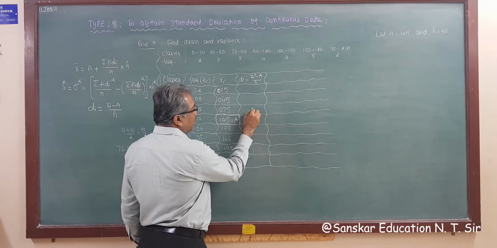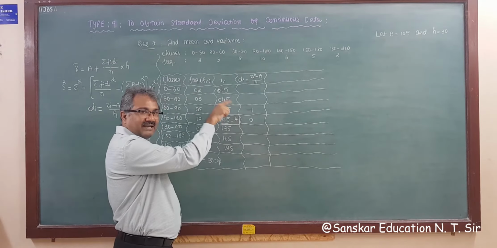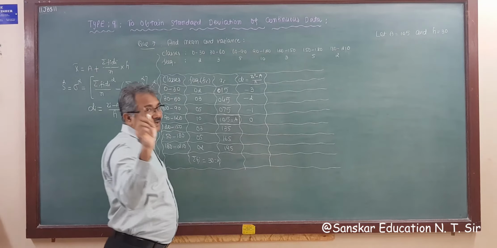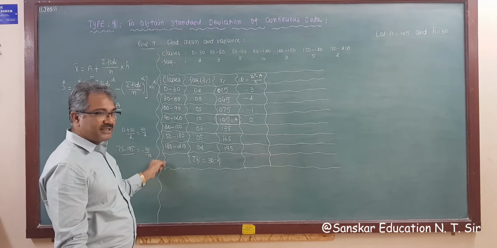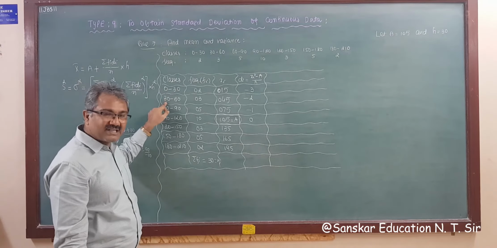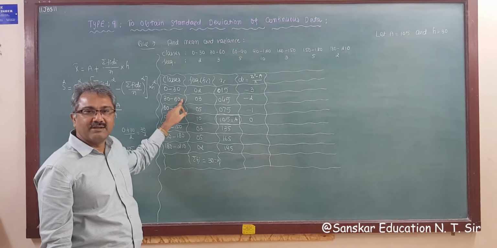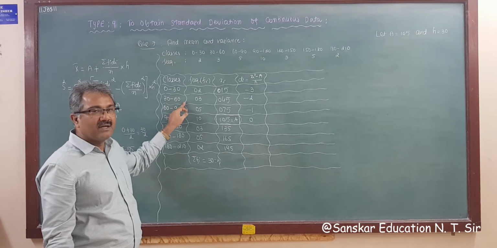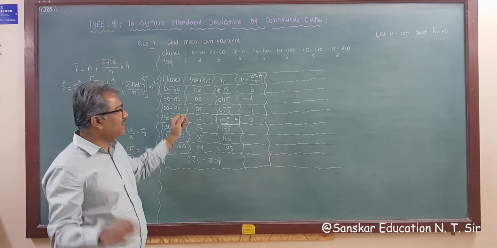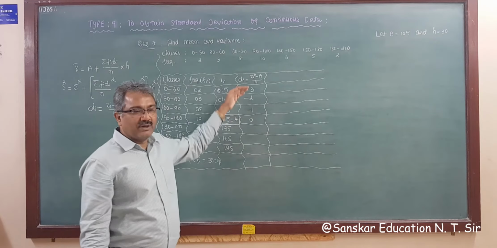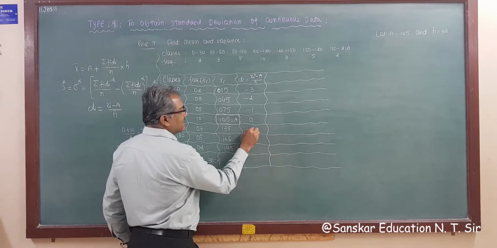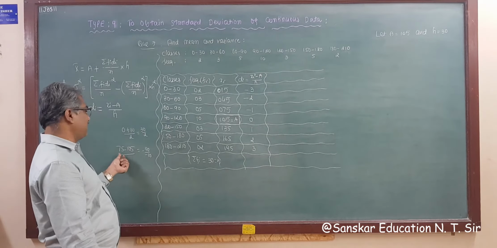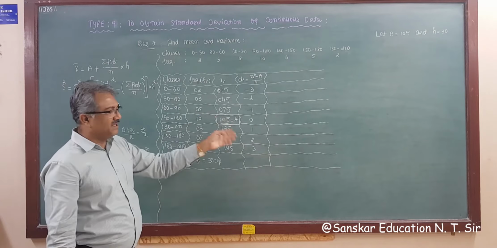And as you go up, you write one less, so this is minus 2, this is minus 3. If the given class is continuous, 0 to 30, then the next class must be 30 to 60. Then it is called a continuous class. If this is 0 to 30 and the next is 31 to 61, then it is not a continuous class. So in a continuous class, you write it this way. Now here you have to write 1, 2, 3, and calculate like this.